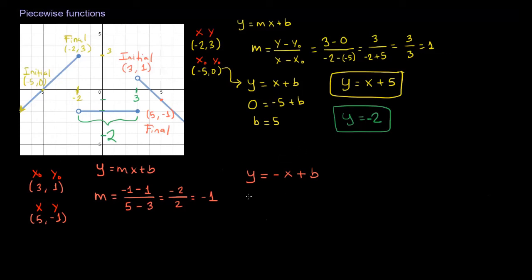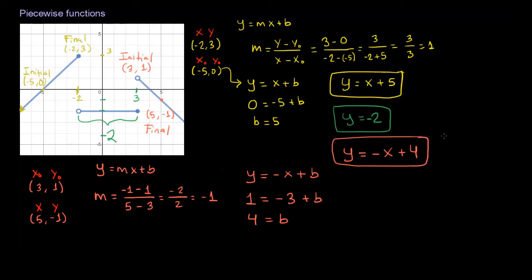So the value of y would be 1, the value of x would be 3, so 1 equals negative 3 plus b. I'm going to add positive 3 to both sides of the equation, and we get that b is equal to 4. So in other words, this expression would be written like this: y equals negative x plus 4. These are the three expressions.